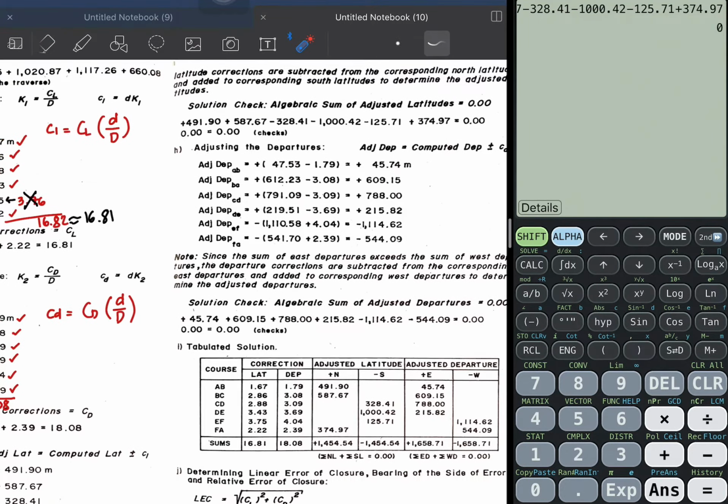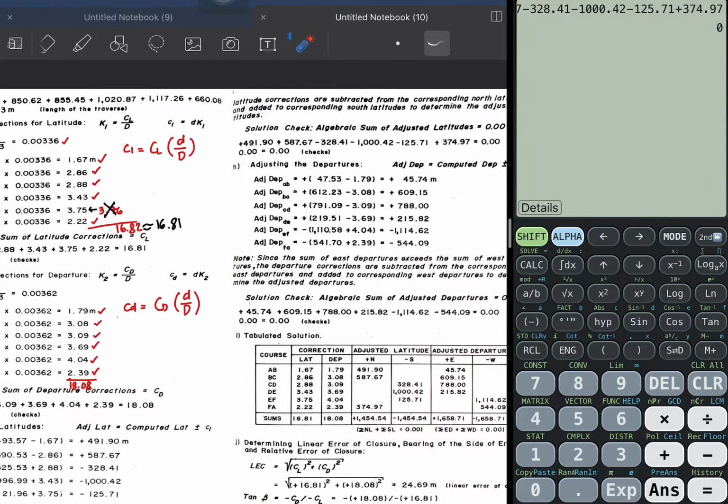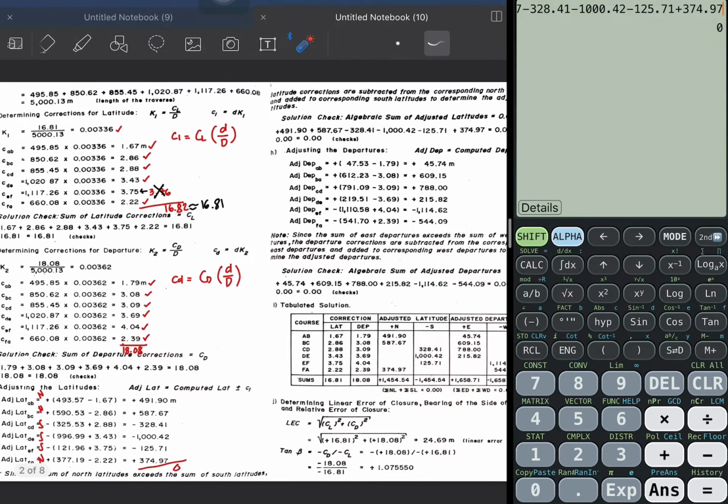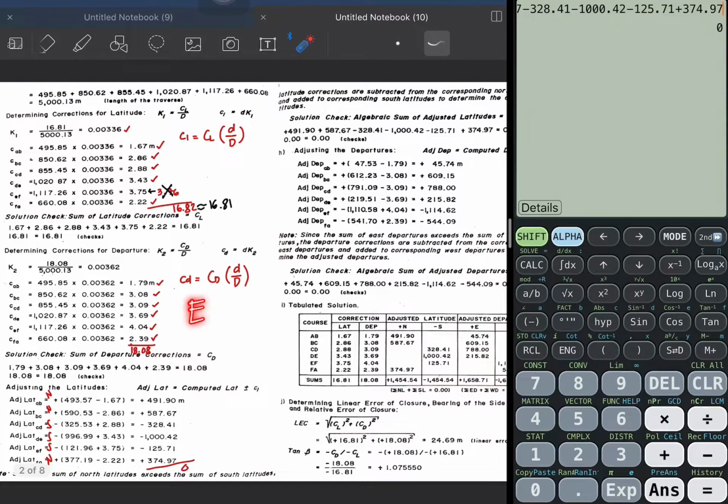Next, let's have the adjusted departure. So for the formula, adjusted departure is equal to computed departure plus or minus the correction in departure. So since this is departure, if that is east, so minus. If west, plus.